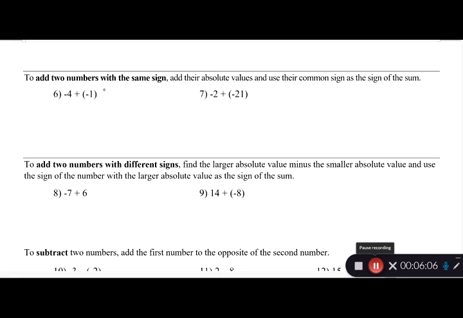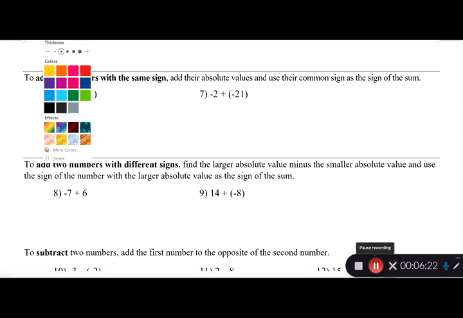To add two numbers with the same sign, add their absolute values and use their common sign as the sign of the sum. So our first problem here is -4 plus a -1. And I want you to think about this like they're going the same direction.